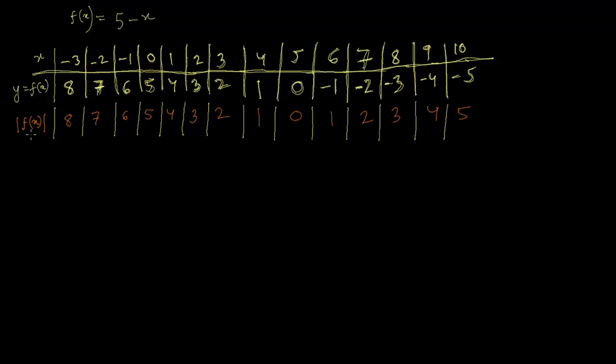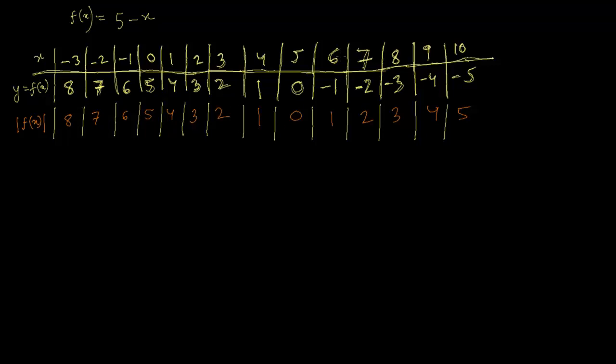So if I have minus 3 at the position of x, for the absolute value of f(x), this value would have the absolute value. That means 8 would be 8. For minus 2, if y is 7, the absolute value of 7 is 7, because 7 has no negative sign, so it will be exactly the same. So for positive numbers, when you do absolute value, they are unchanged.